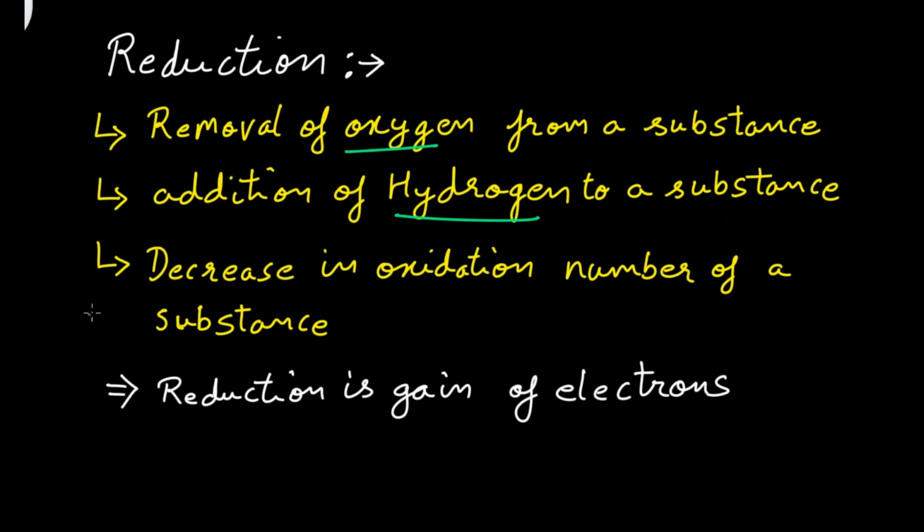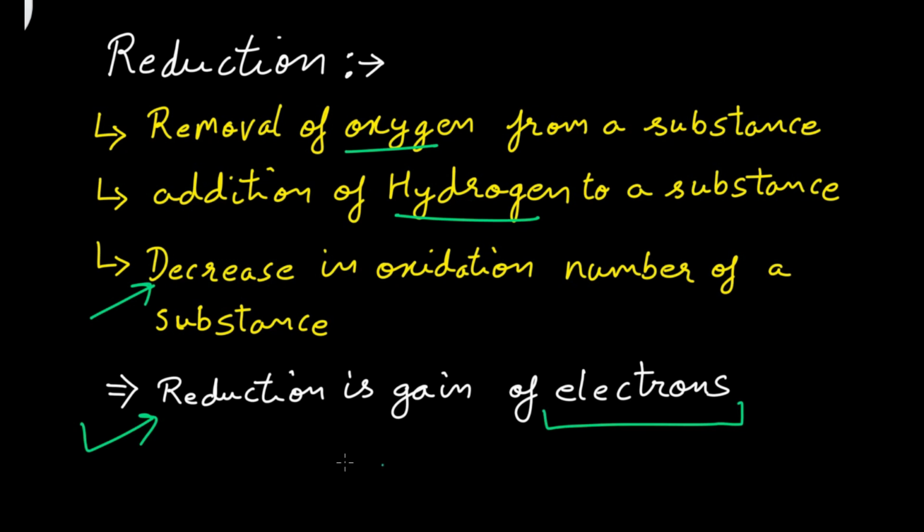Now let's move to the third: decrease in oxidation number of a substance. As the oxidation number or oxidation state decreases, it simply means the species is undergoing reduction. Now the most common definition, which involves electrons, is reduction is gain of electrons.